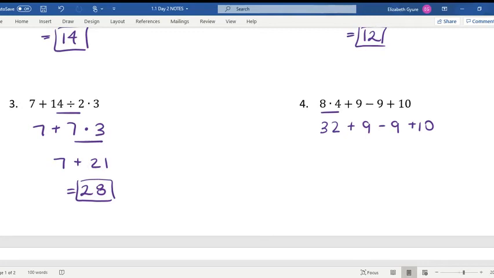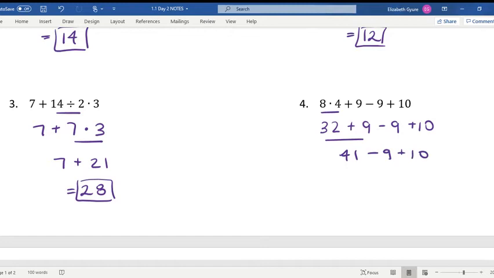So now we're on to what? Adding and subtracting from left to right. So what should we do first? Hannah. 32 plus 9. 32 plus 9 is going to give us 41. Drop down our minus 9 and our plus 10.